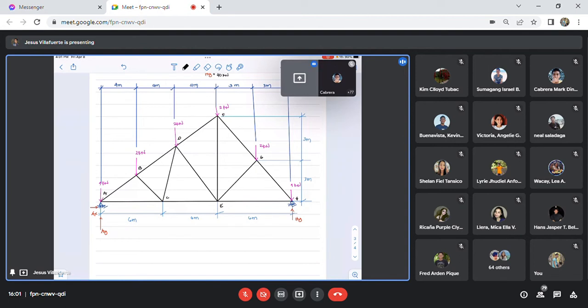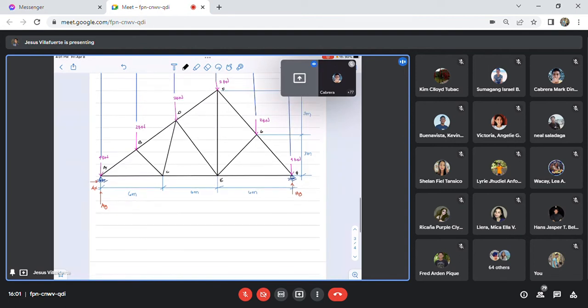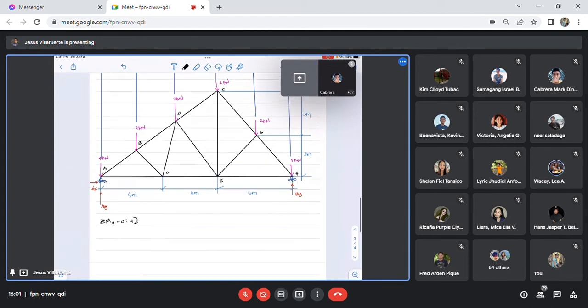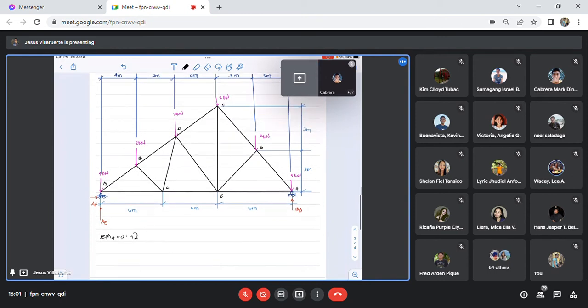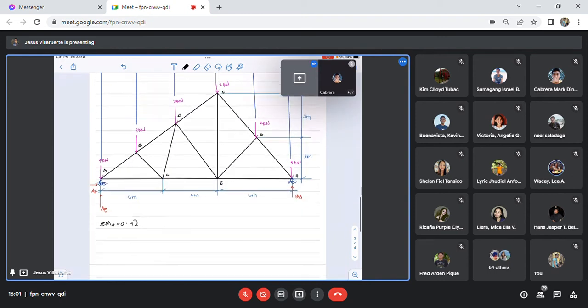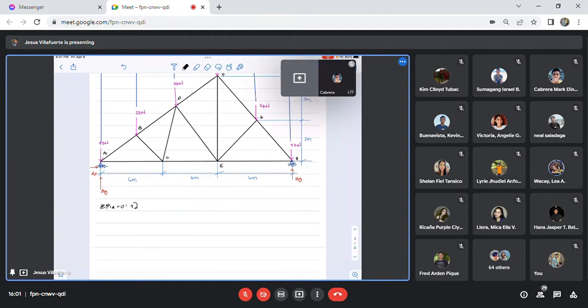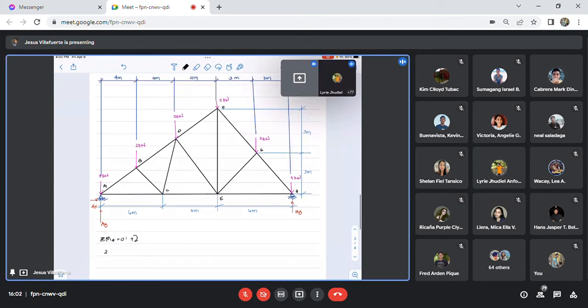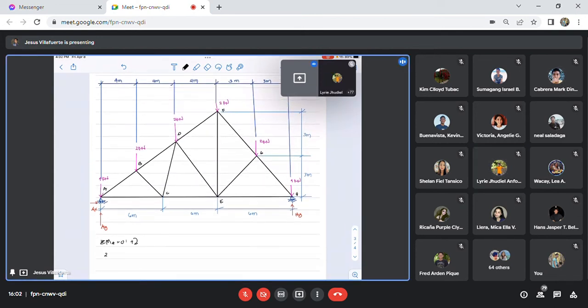So, class, unsa man ni? We take summation of moments at point A. Clockwise positive. So, what are the clockwise forces? The first joint is 2. What is the moment arm? That is 4.